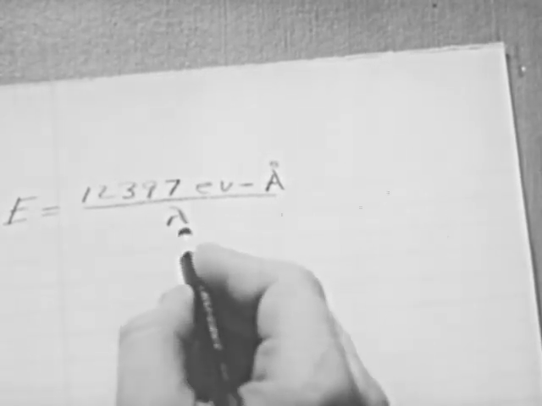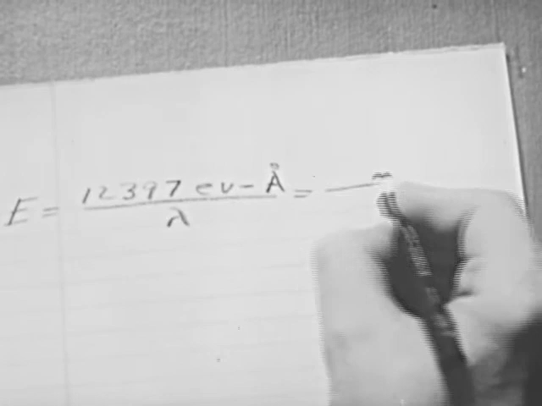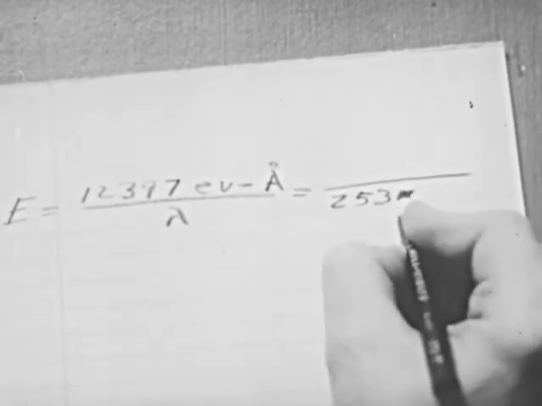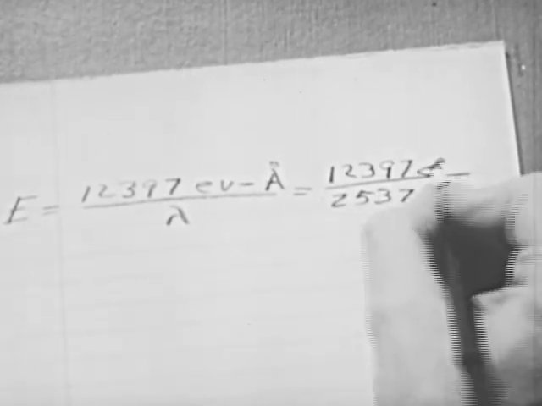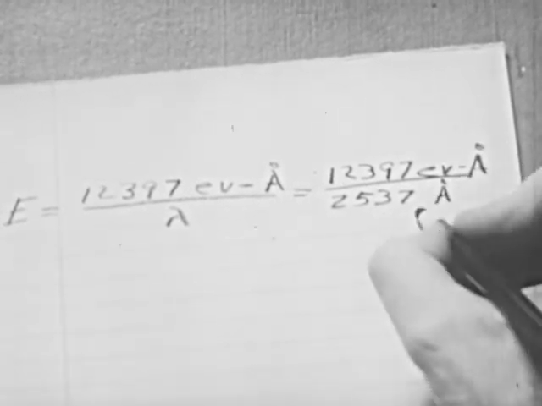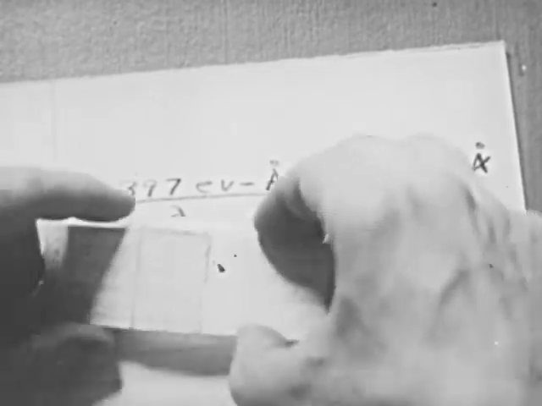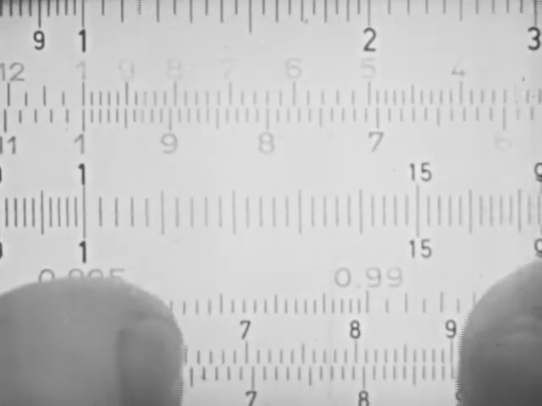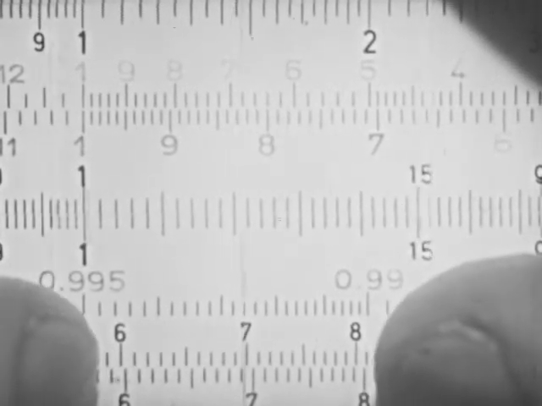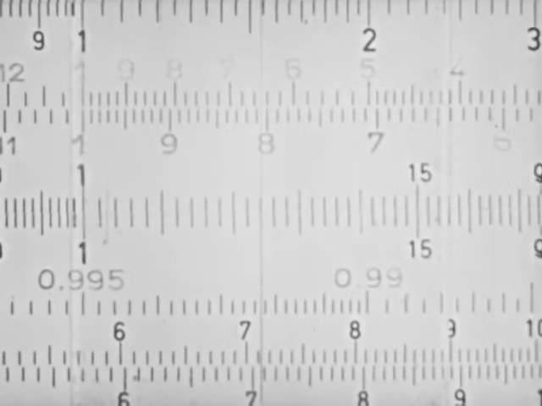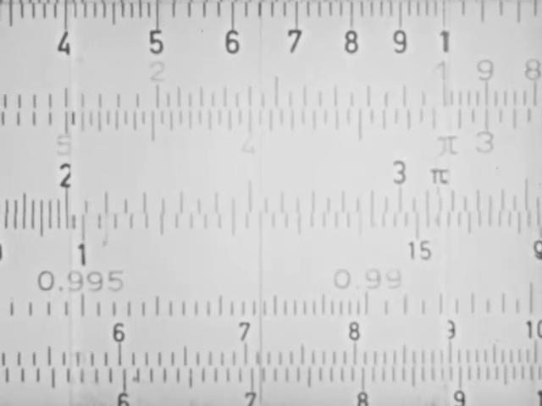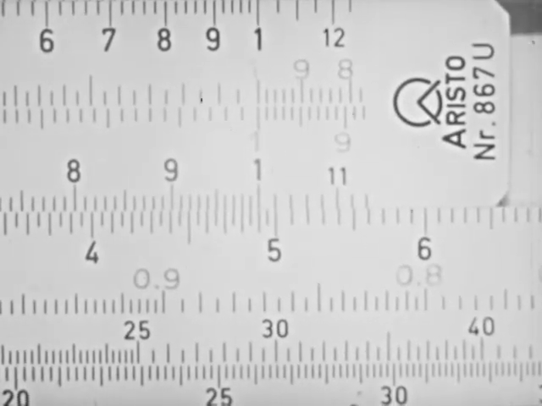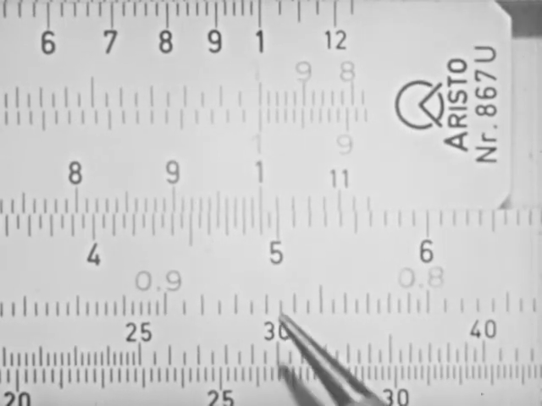Well, using our relationship between the energy of a photon and the wavelength of the light, and putting in 2,537 angstroms for the spectral line which we looked at earlier, we find that the energy of the photon is 12,400 divided by 2,537, it is 4.9 electron volts, exactly the same sized energy package.